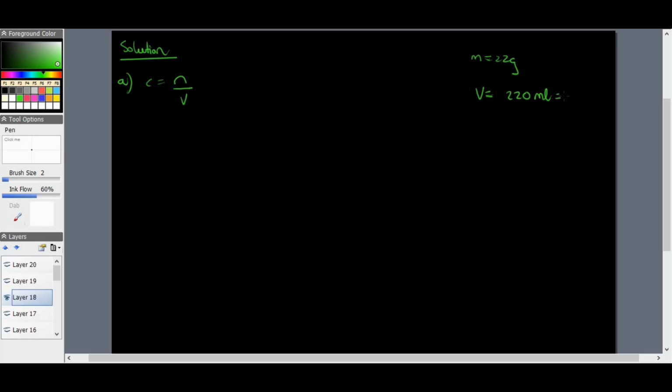So 220 divided by 1000, we get 0.22 decimeters cubed for our volume.